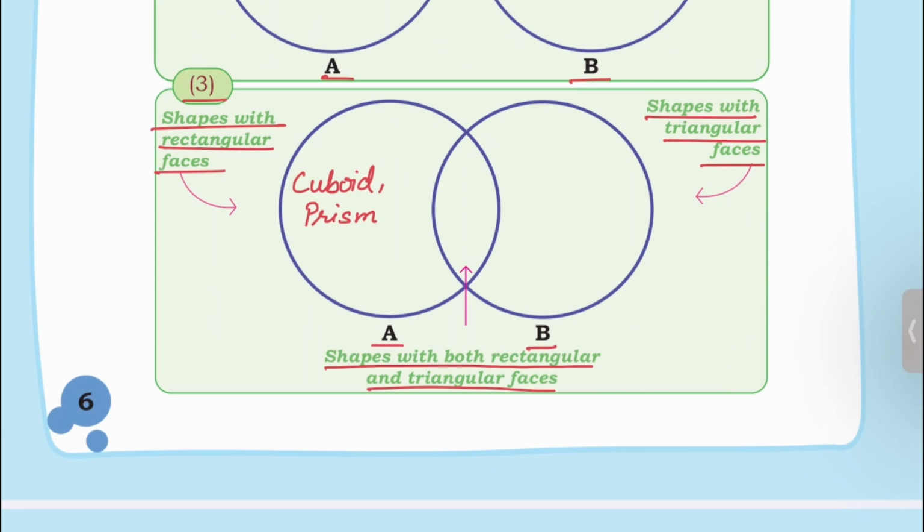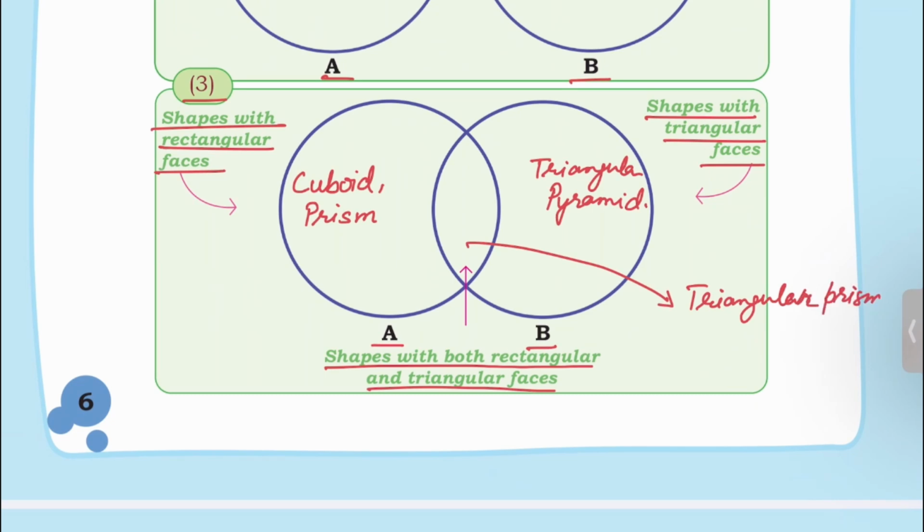And here you can write triangular pyramid. And in between you can write triangular prism, rectangular pyramid.